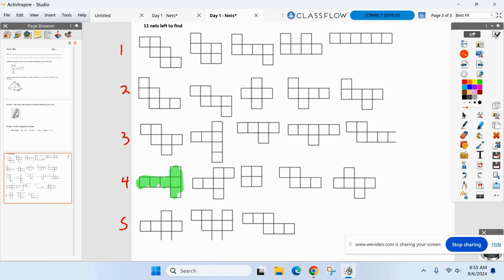I can picture the first two, and then I'm like, oh... I don't know. Because when you fold this down, this part can't go.